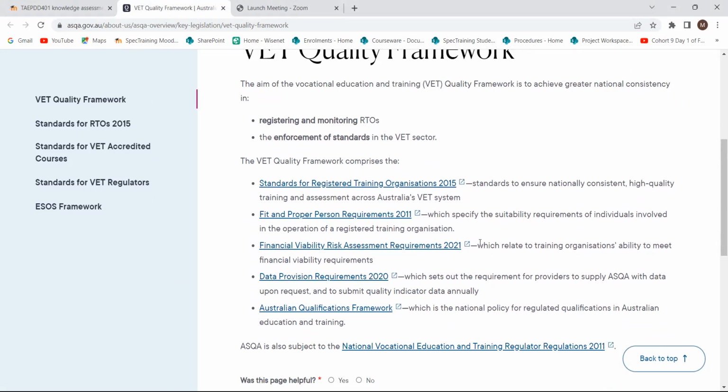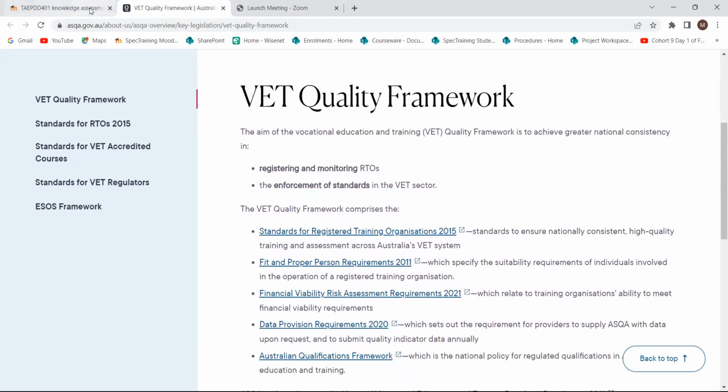It's really important to understand what that is, the different levels and the different level expectations. The standards for registered training organizations contain the 8 standards that RTOs must be compliant against, and the different areas that you as a trainer or assessor must remain compliant in as well. Hopefully that helps you understand the question and what it's looking for.